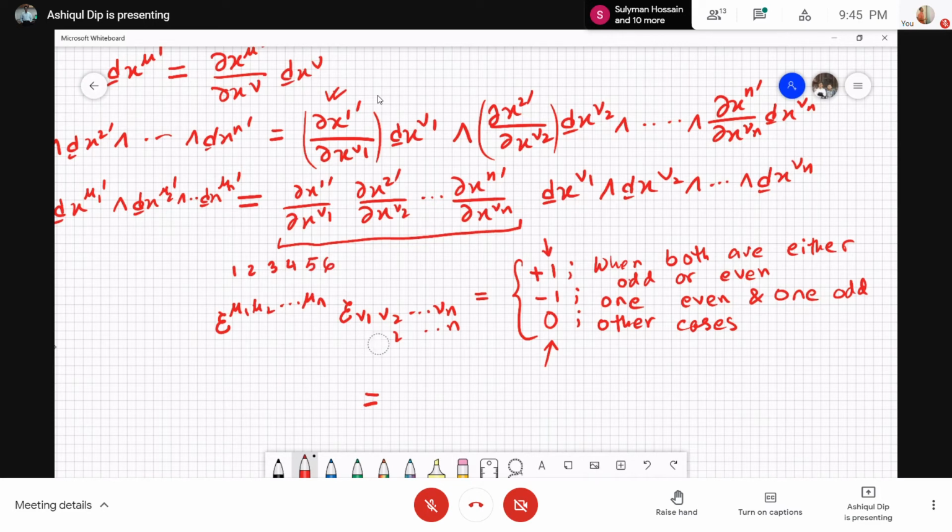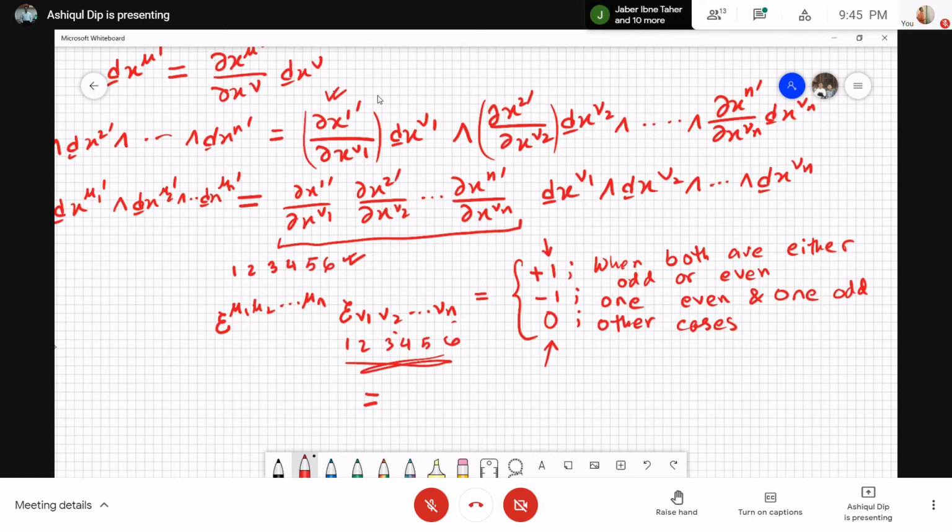If the second one is also 1 2 3 4 5 6, then it gives you +1. Which more situations do you get positive if these are fixed? So you just change this thing. What are more possible situations?